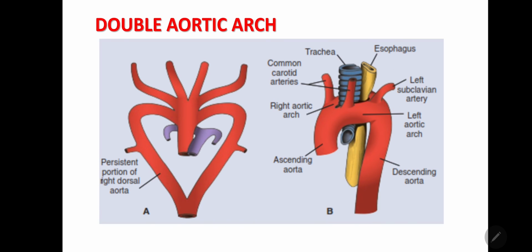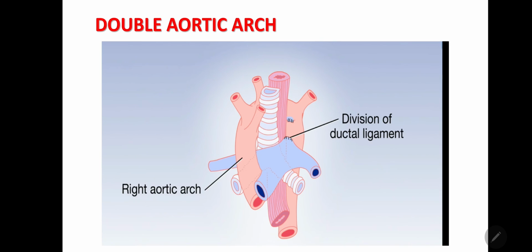Double aortic arch. The portion of the right dorsal aorta distal to this seventh intersegmental artery fails to disappear. It remains intact, forming the double aortic arch.